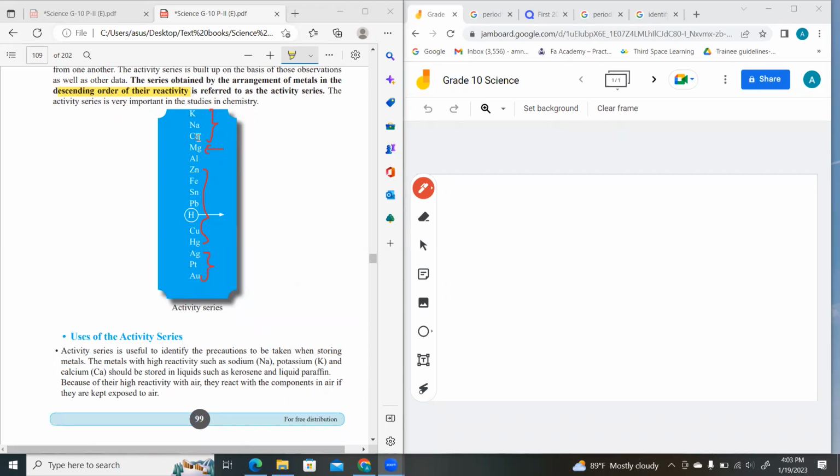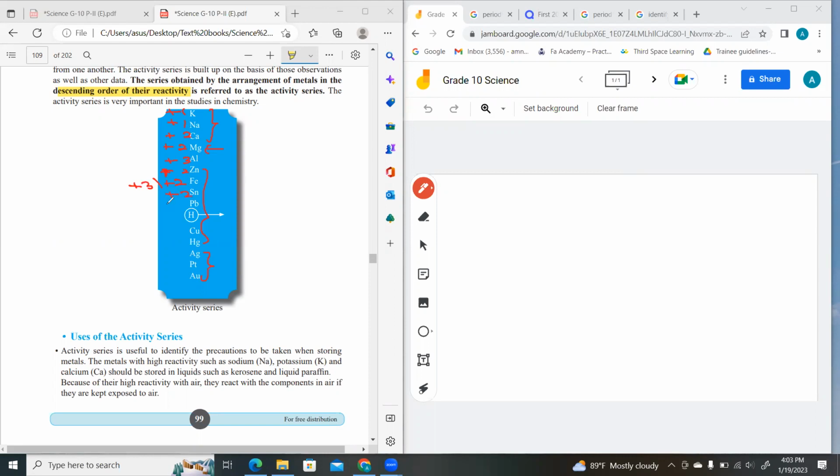So always the first few elements should be separated by electrolysis and their reactivity is really high, and you should know the charges of these. Potassium is +1, sodium is +1, calcium +2, magnesium +2, aluminium +3, zinc +2, ferrous usually +2. Only when it's corrosion, it's +3. So I'll just put +2, +3 both.